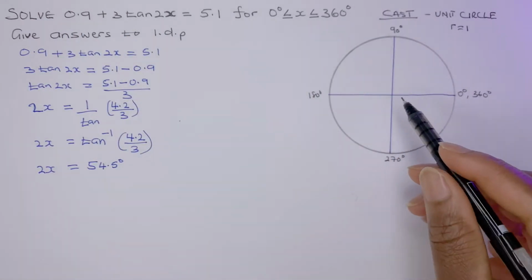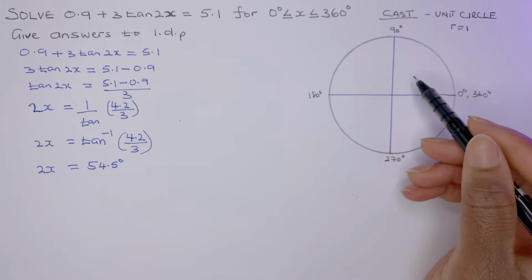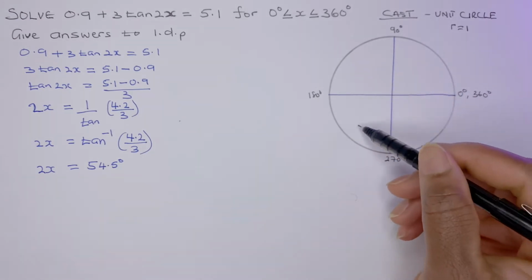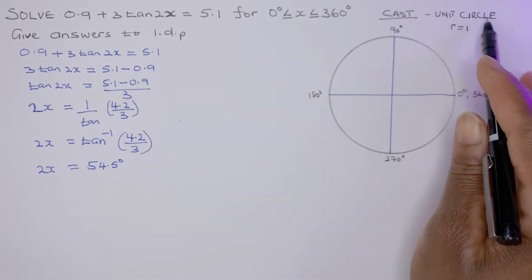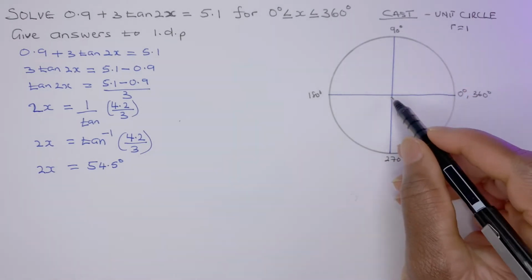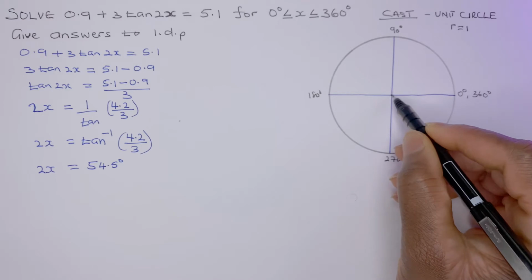Okay, I've drawn a circle into 4 quadrants: first quadrant, second, third, and fourth, using a CAST diagram for a unit circle where the radius is 1, from the center of the circle to the circumference.